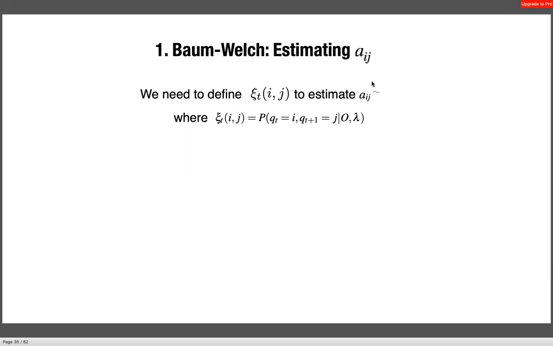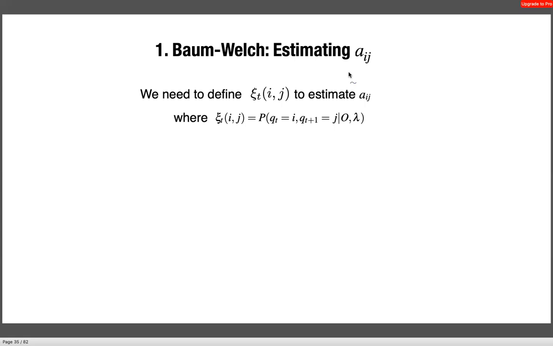Let's think of the case where the states are not hidden. Say that during training you actually had information about the exact state sequences traversed by the observation sequences. In that case, we don't need this quantity psi at all.